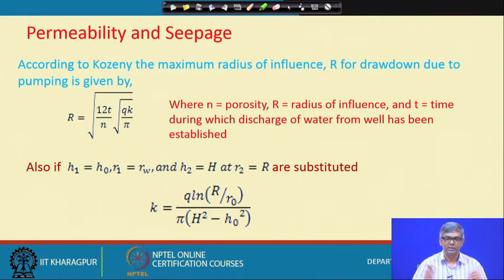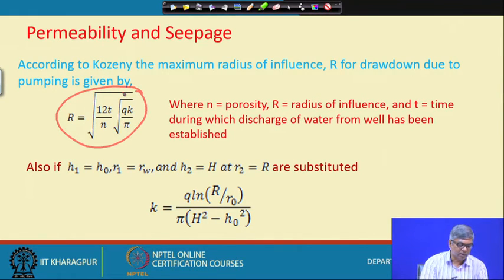For that dewatering work, sometimes we need to find out the radius of influence. The radius of influence is given by one author in this form: r equals under root 12 t by n, under root q k by pi.